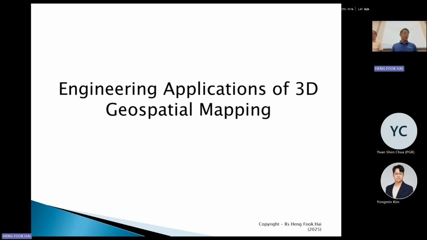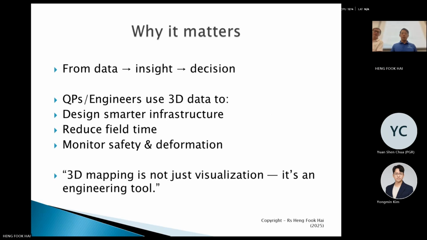Okay, we look at some of the applications in engineering. Why does it matter? Right? That we need 3D geospatial information. 3D mapping is not just some 3D point clouds, or some animation like the games that they are playing, right?